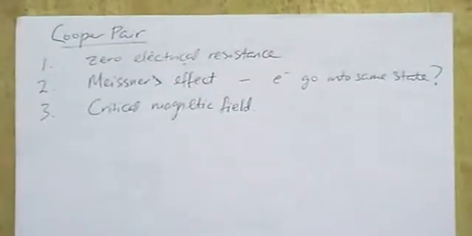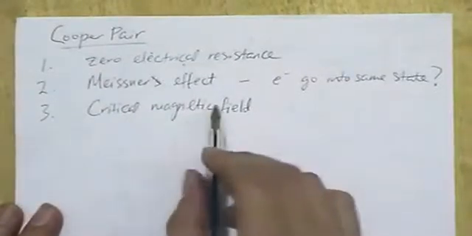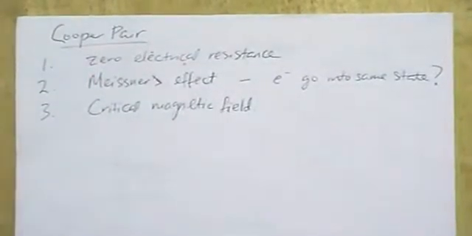It will become a normal conductor again with resistance. So this is a critical magnetic field.